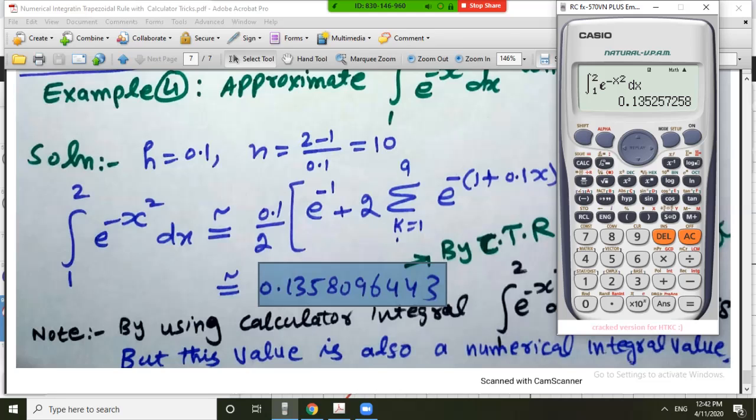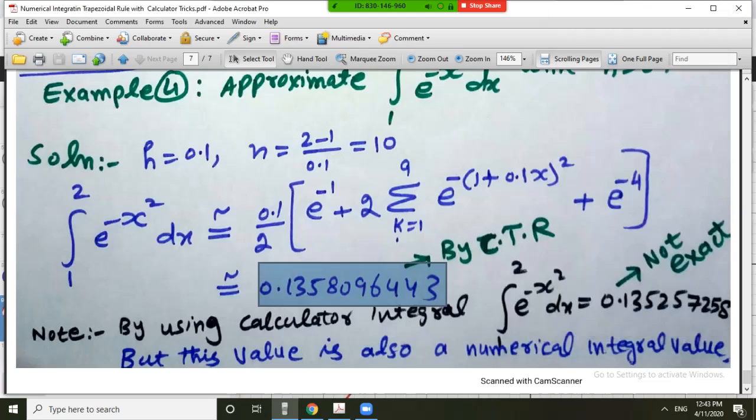Why? Because we already know that there is no function whose derivative is e power minus x square. But calculator gives us this. This means that this is also some numerical integral value, but we don't know which numerical method is built in the calculator.